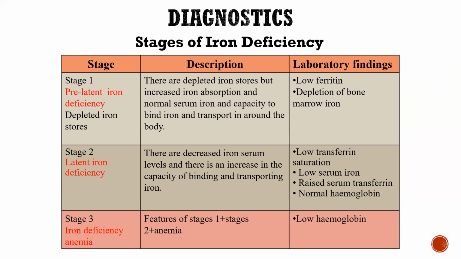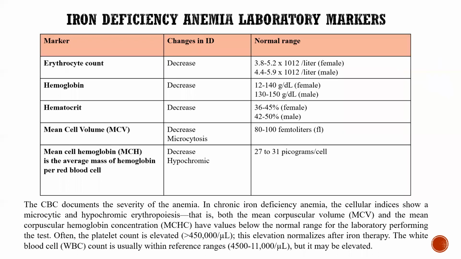In latent iron deficiency, there are decreased iron status levels, and there is an increase in the capacity of binding and transporting iron. The CBC documents the severity of anemia. In chronic iron deficiency anemia, the cellular indices show microcytic and hypochromic erythropoiesis, that is, both the mean corpuscular volume and the mean corpuscular hemoglobin concentration have values below the normal range for the laboratory performing the test.